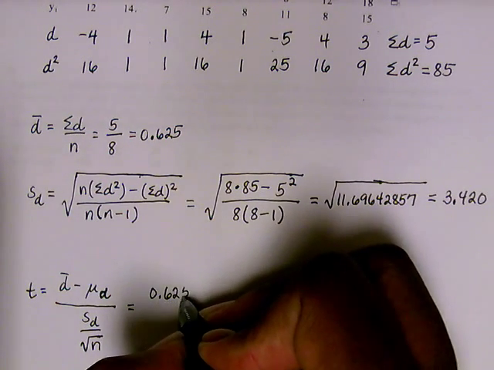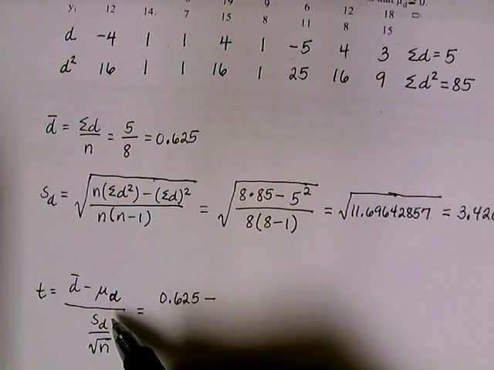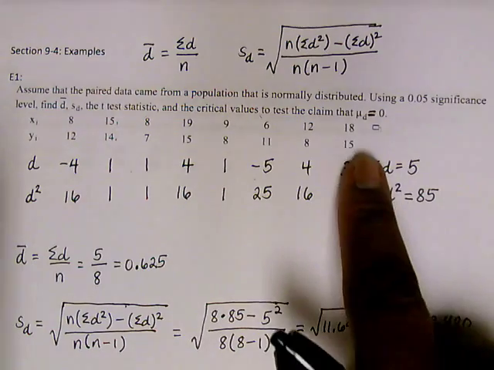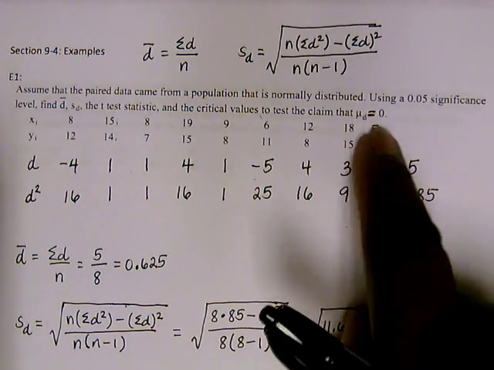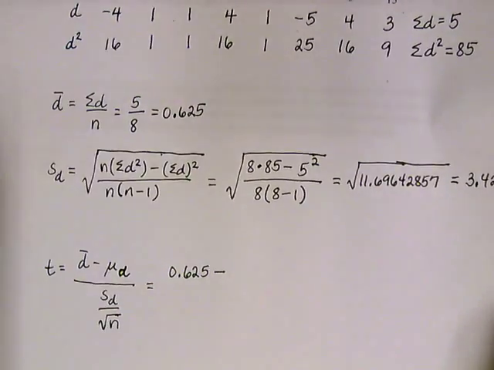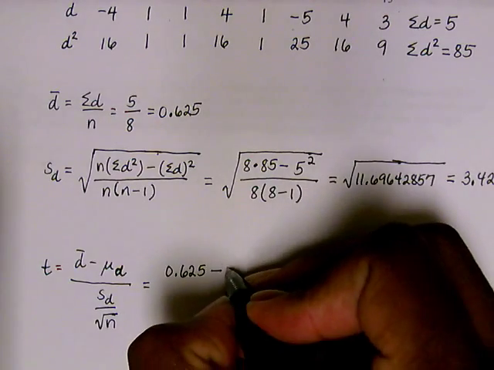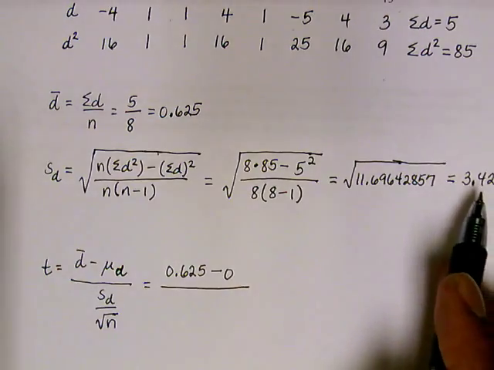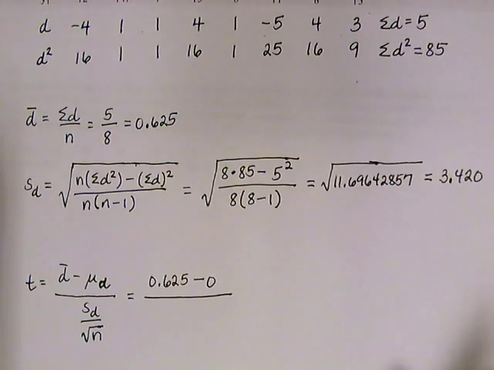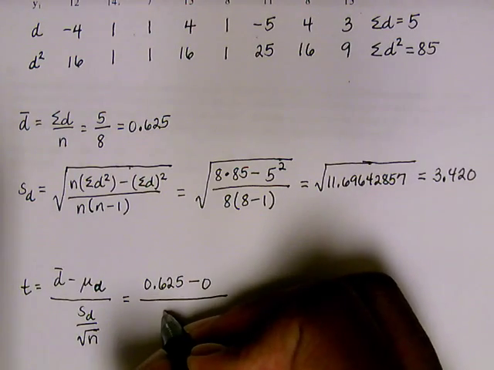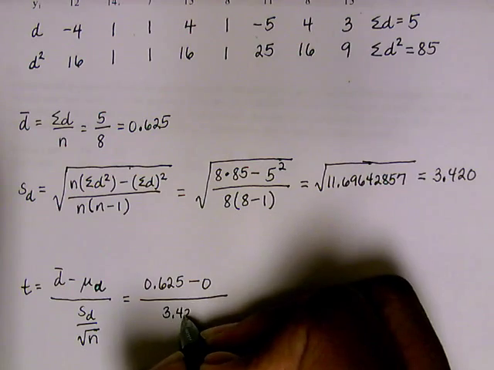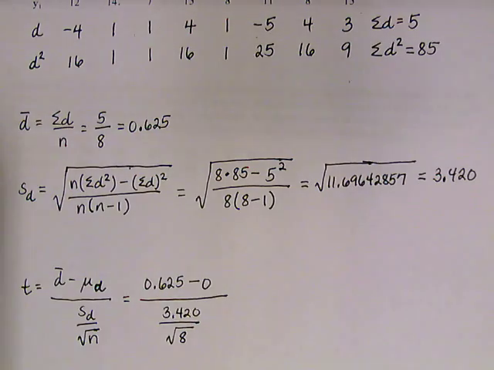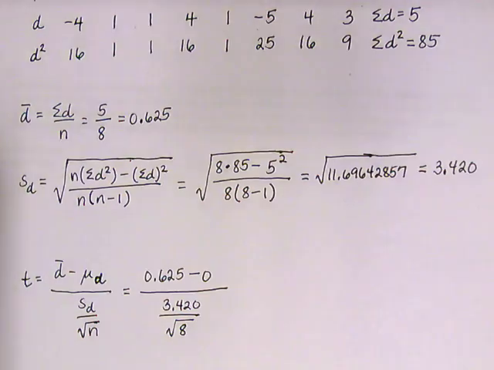So I'm just substituting those values into this formula, minus mu sub d. Now you're testing the claim that mu sub d equals 0, so mu sub d is going to be equal to 0. I'm going to put 0 in its place, divided by s sub d, which was 3.420. Substitute that. That's over the square root of n, which is your 8.